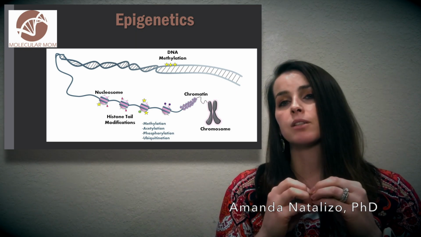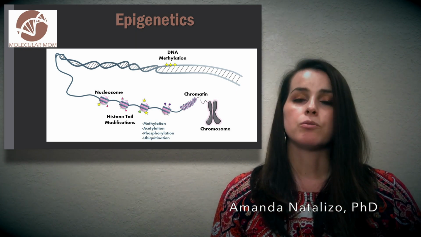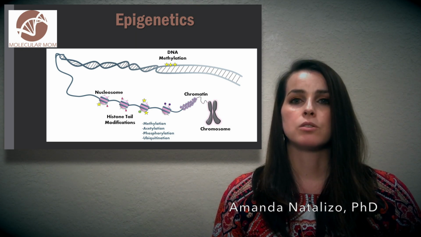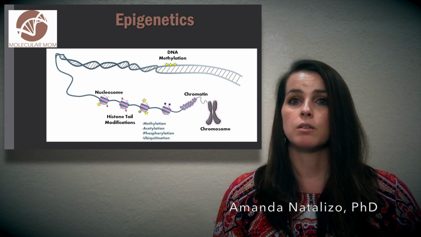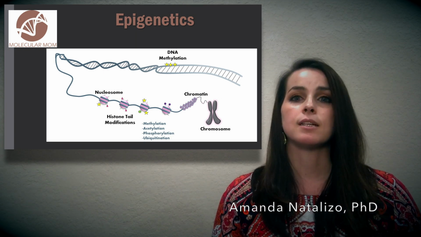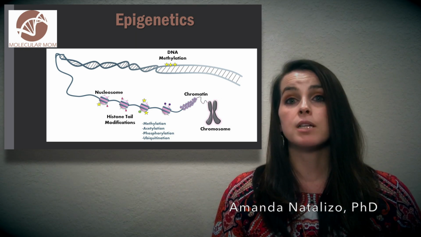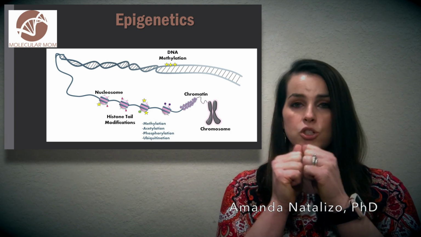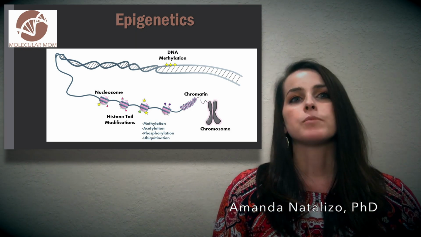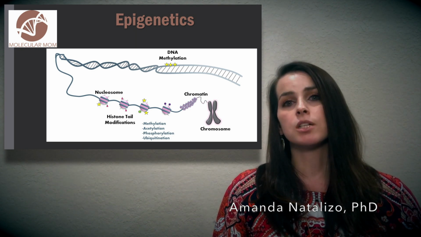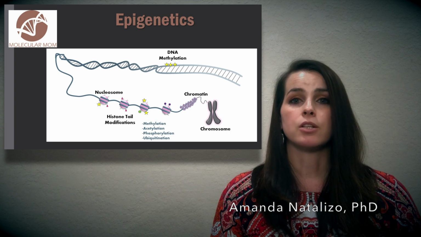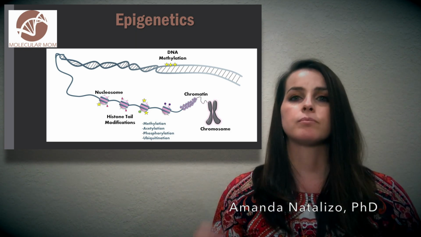When these are packed together very tightly, it's difficult for the gene to be expressed, because the transcriptional proteins that need to access the DNA in order to express the genes can't have access, because the DNA is just compacted too tightly. Acetylation, on the other hand, is a mark that allows the DNA to loosen its packing.